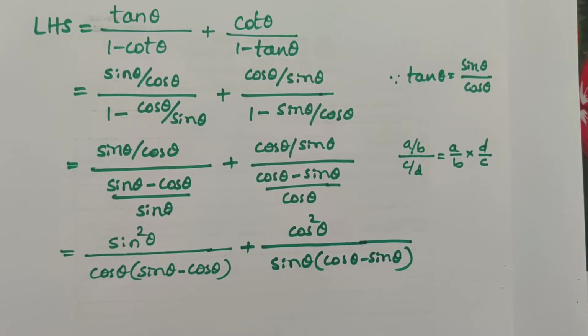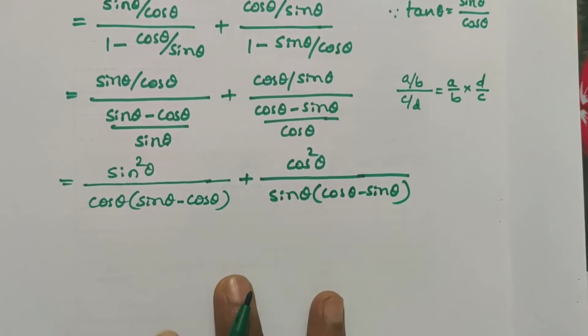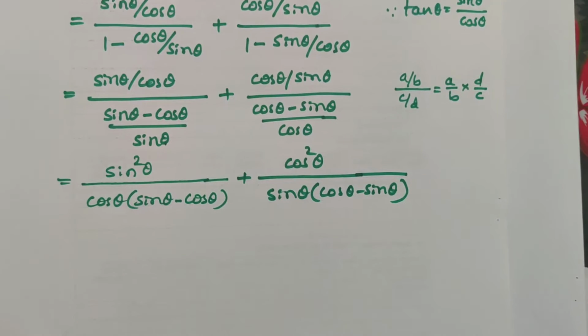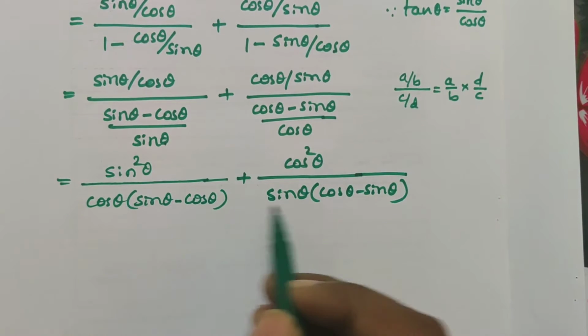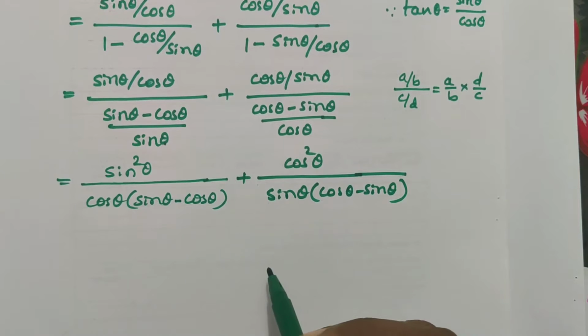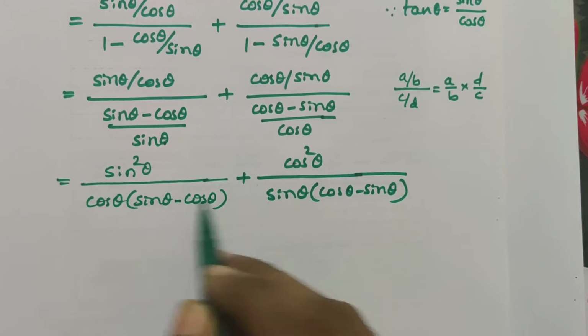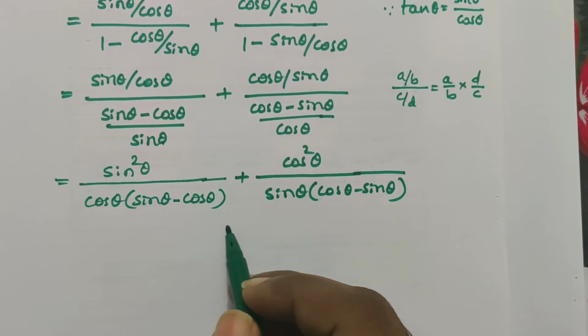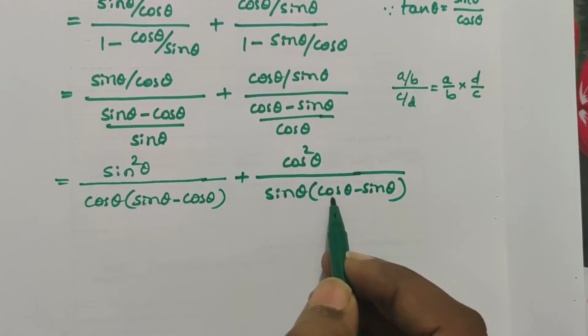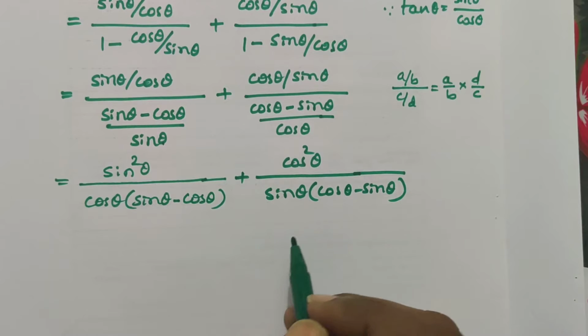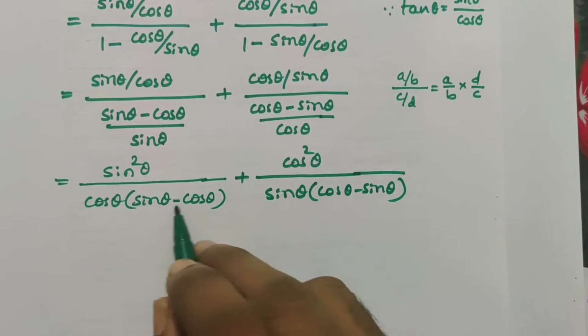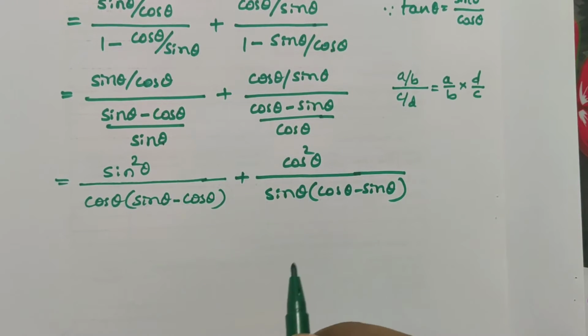Okay, so if you observe now, actually we should be taking the LCM here, but this denominator and this denominator, here cos, here sine, and in this bracket and this bracket, here it is sine minus cos, here it is cos minus sine. This can be changed to the same thing.